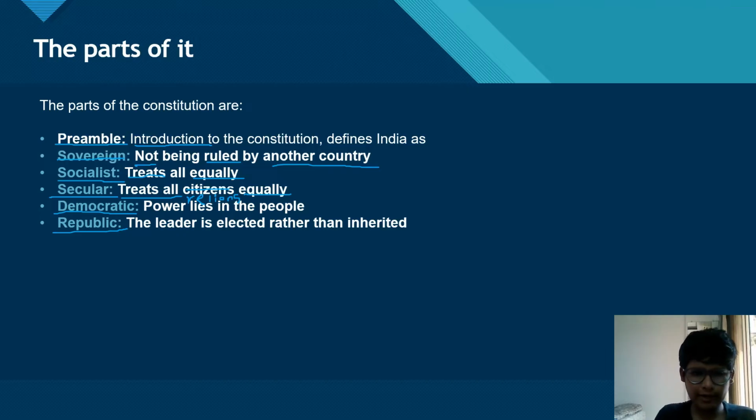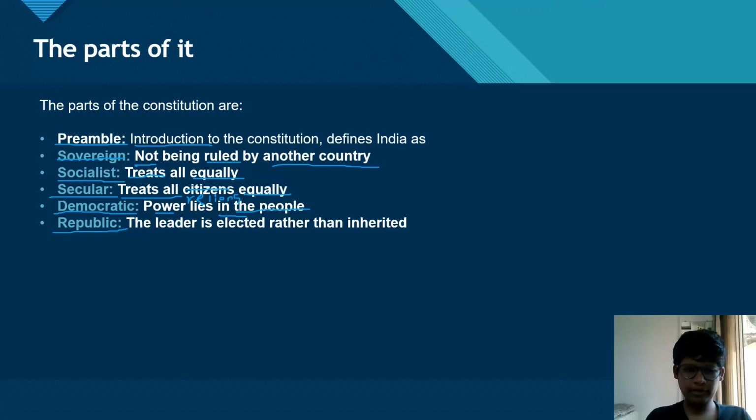In democratic, the power lies in the people. So the people have the power to elect, to impeach, and to participate in the formation of the government even after the elections are done by protest and etc., which we are going to see in another video about democracy of India. We'll talk about that in the later video. But let's get back to the Constitution of India.